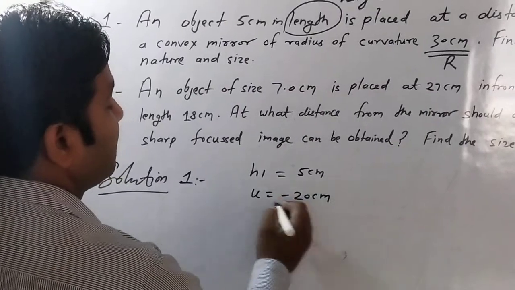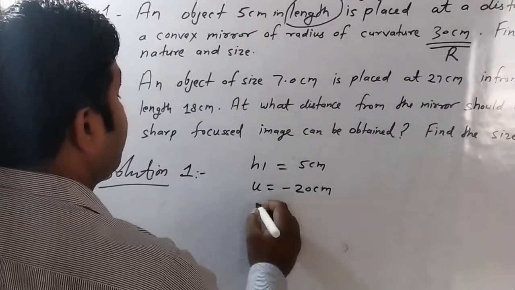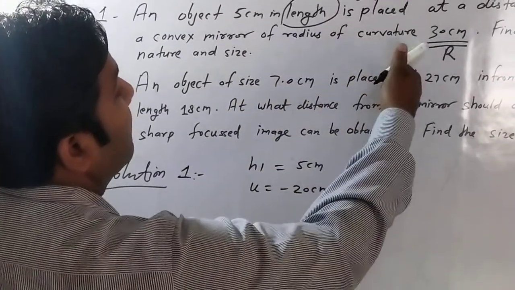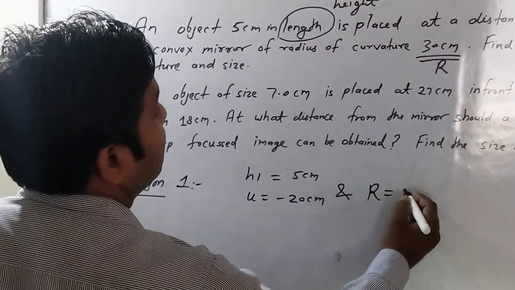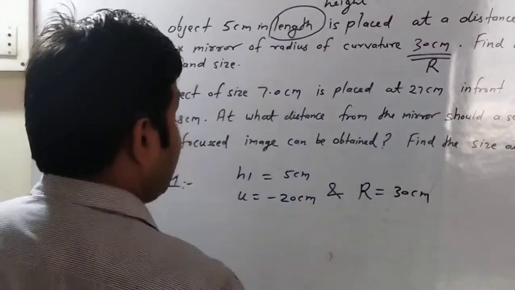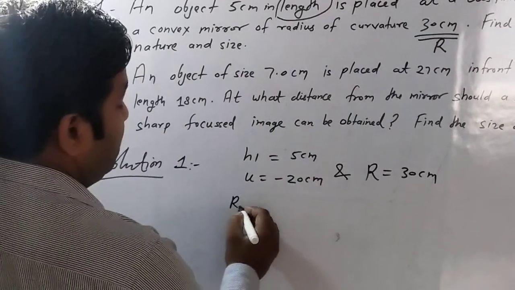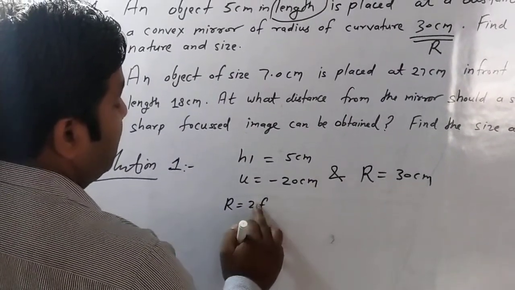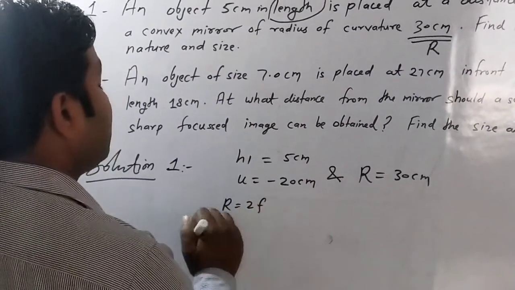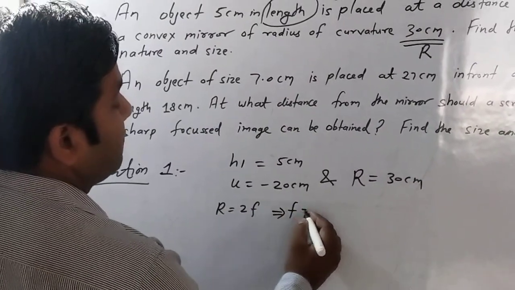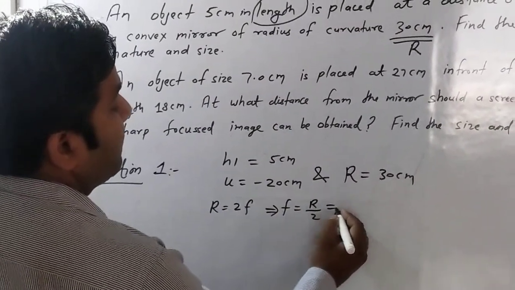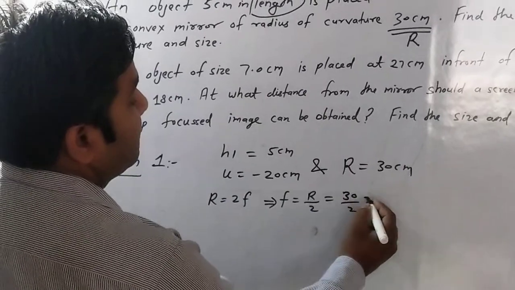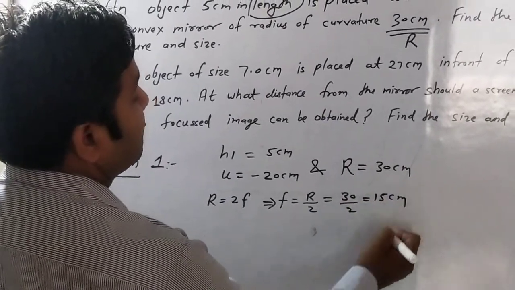So u is minus 20 cm. Radius of curvature, capital R, is equal to 30 cm. We know that R is equal to 2f, a relation between focal length and radius of curvature. Then f is equal to R by 2, so 30 upon 2 means 15 cm.